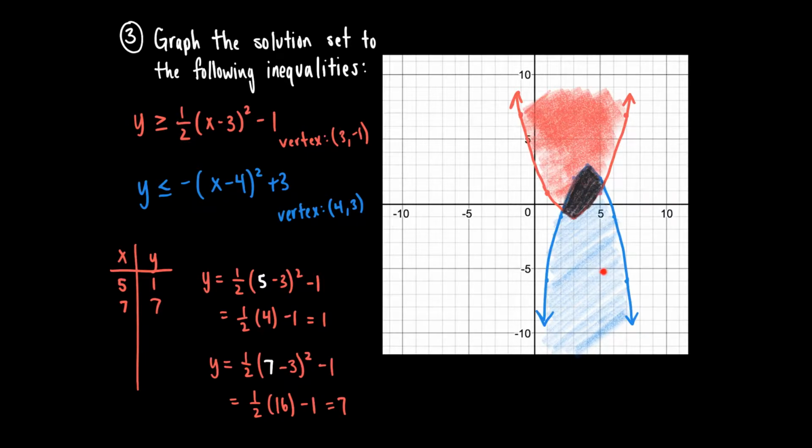If you pick a point down here in the blue space, like 5, -5, it'll work for blue, but it won't work for red. This will be false. This will be true. If you pick a point out here that's in neither, it will work for neither one of these, okay? So the solution set, technically our answer, would just be this black part, and you would either erase or disregard the very light shading of the red and the blue.